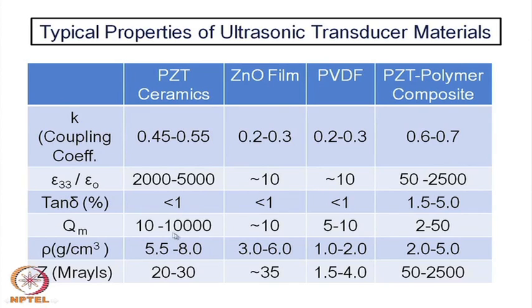Density is high, the dielectric constant is very high, and consequently you have a very high Z value. So, normally to reduce the Z, I will check and find out, this is not the right value.